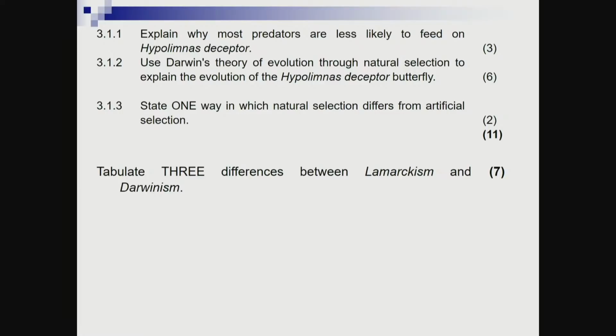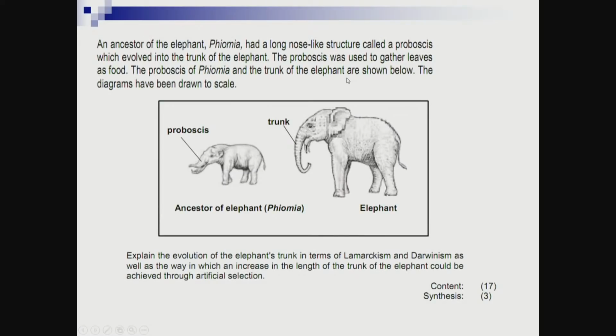So there is a question: explain natural selection. What is the variation? Which is the favorable characteristic? Which is the unfavorable characteristic? Which one survives and which one dies?